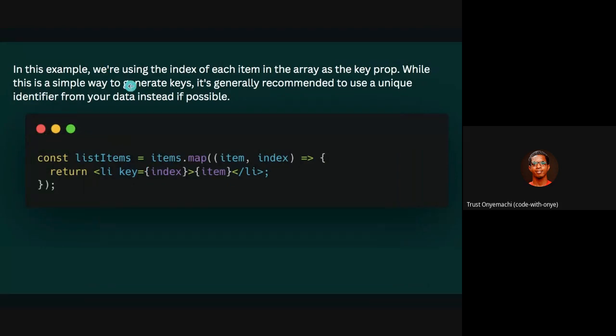In this example, we're using the index of each item in the array as the key prop. What is the key prop actually? In React, to specify a particular element when you're structuring, we have to be able to know which data is passed to which element.